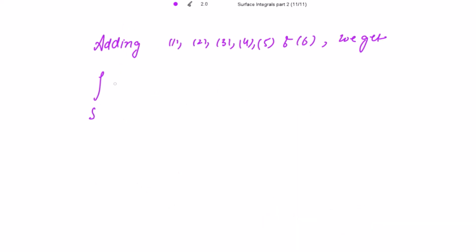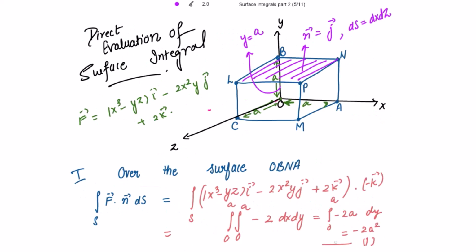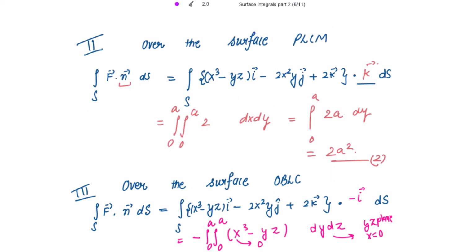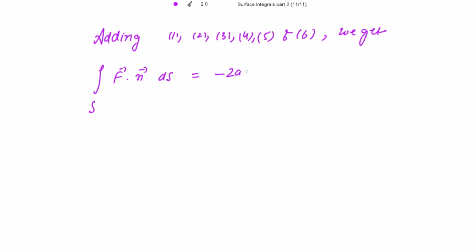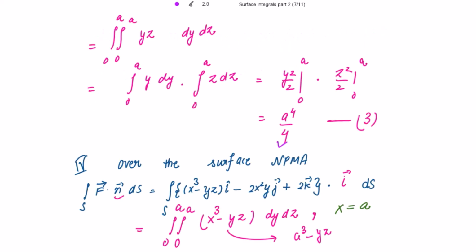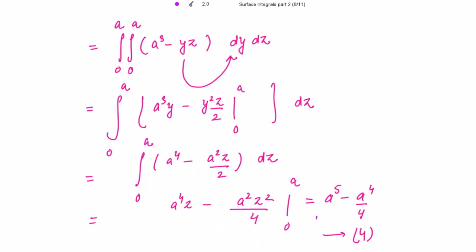And now we are going to add all these 6 integrals, the complete integral of the dot product of f vector with n vector over the surface S. So that is equal to, the first integral gives us the answer minus 2a square, then plus 2a square, that gives 0. Minus 2a square plus 2a square, right? Then the third and fourth integrals, that is a to the power 4 by 4 and a to the power 5 minus a to the power 4 by 4.